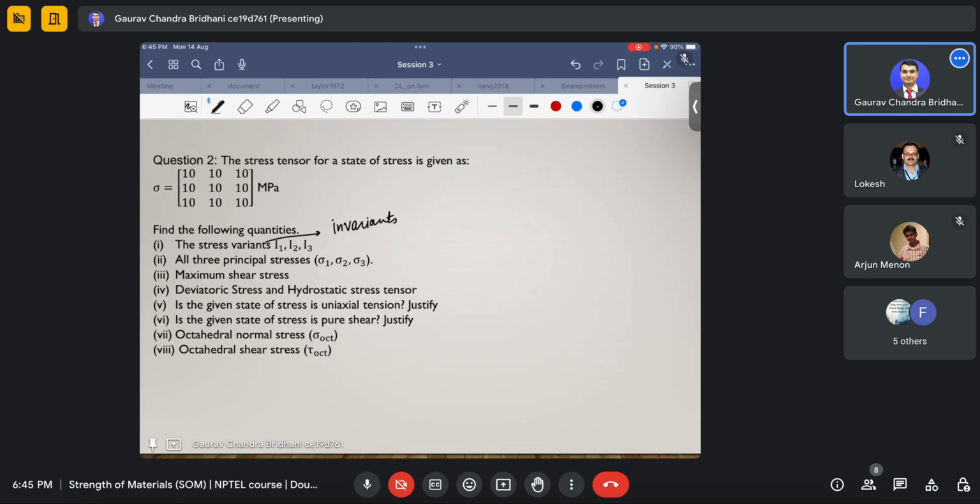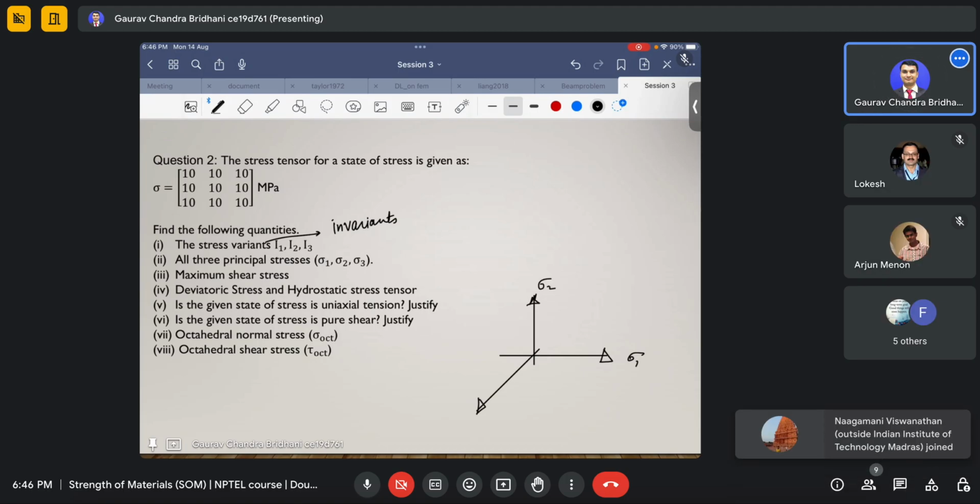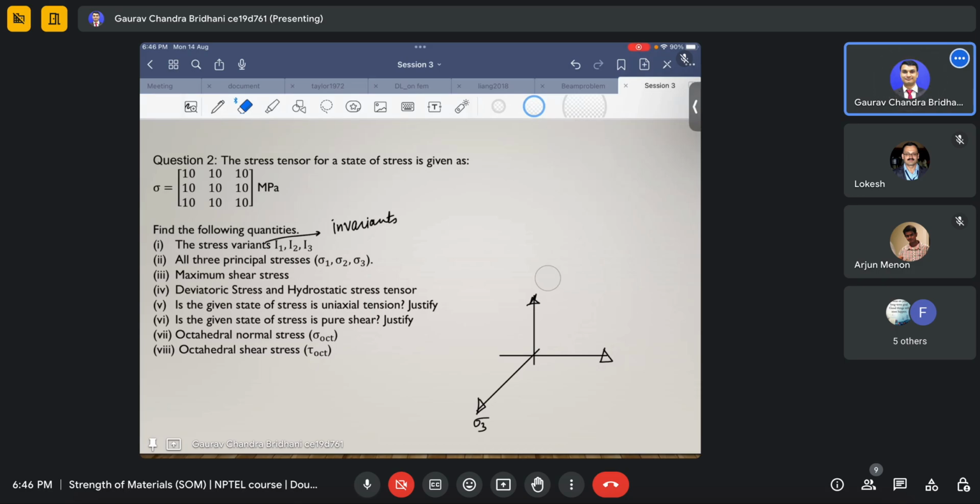If you have your principal directions, so suppose this is n1, this is n2, and this is n3. So n1, n2, n3 are principal directions. Remember these are not x, y, z, these are actually principal directions.